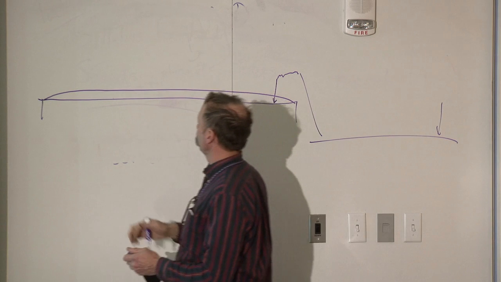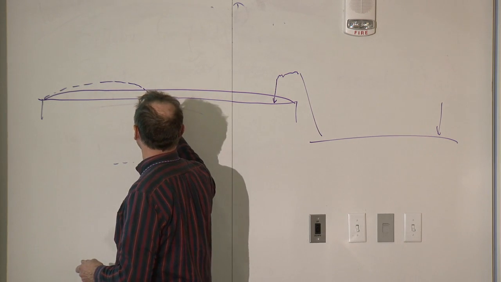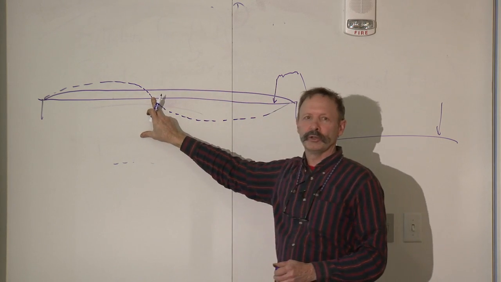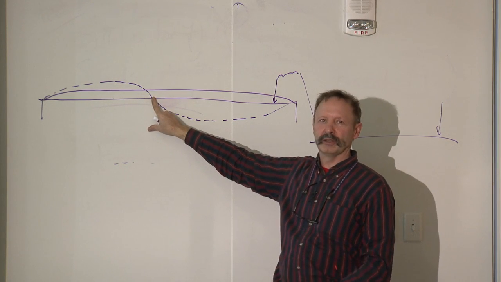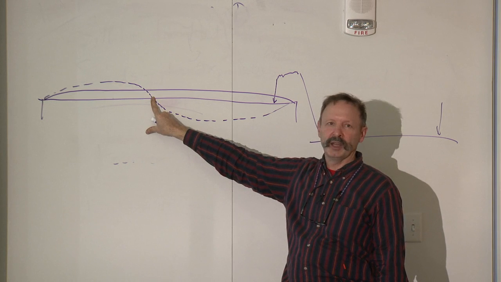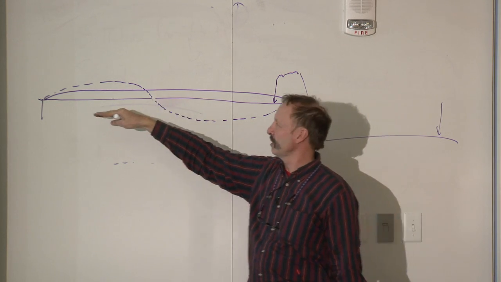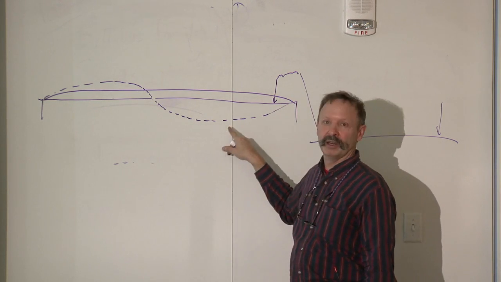It can also vibrate like this. You can have what's called a node in the middle. Right? In fact, if you put your finger right here and fix that middle, it wouldn't allow the string to vibrate in this uniform fashion, but it would allow this half to vibrate and that half to vibrate, right?